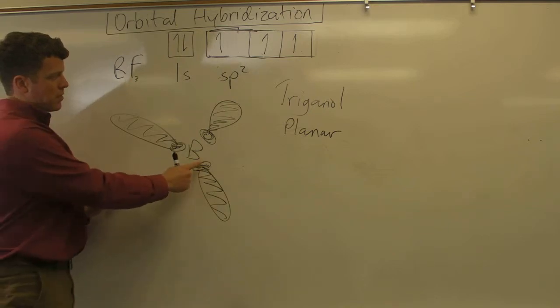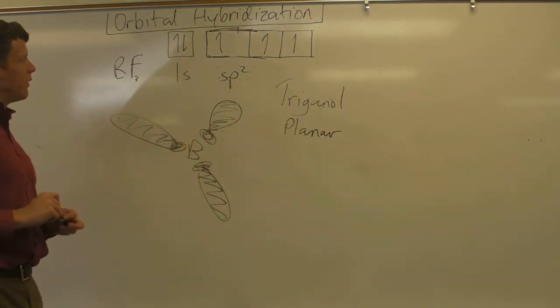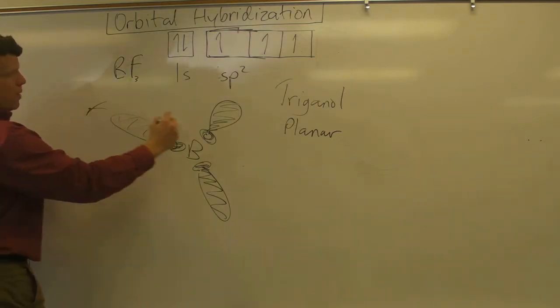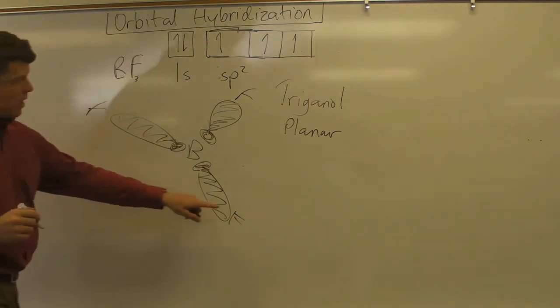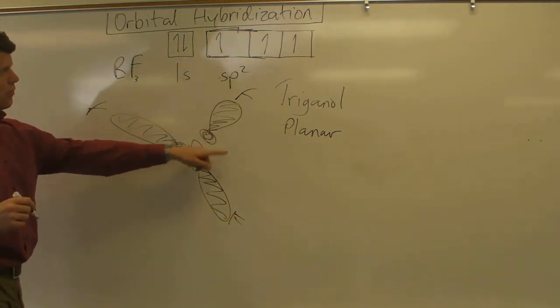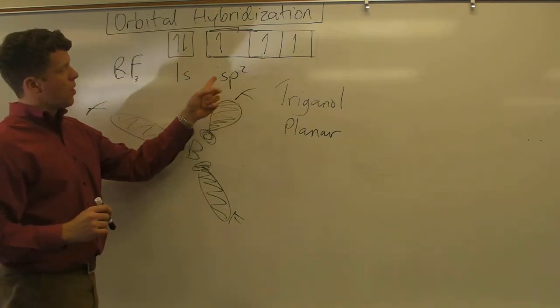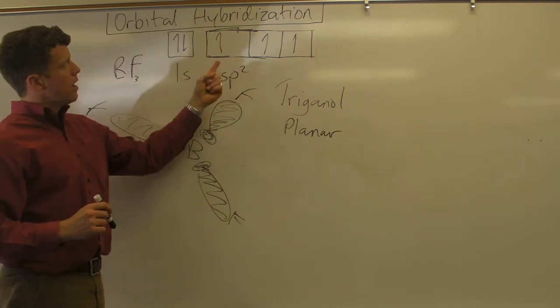If you see sp2 hybridized orbitals, then it's probably trigonal planar. So then the fluorine would come along and bond here, here, and here, and you've got BF3 with these new orbital versions. And so again, this comes about from the 2s orbital and then the 2p orbitals combining together to make an sp2.